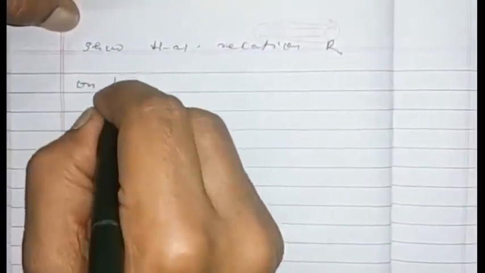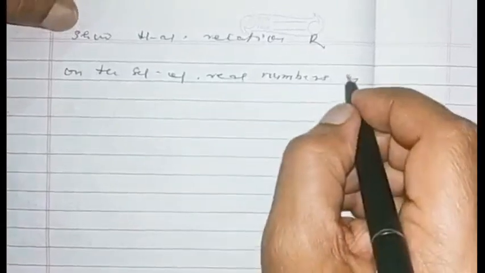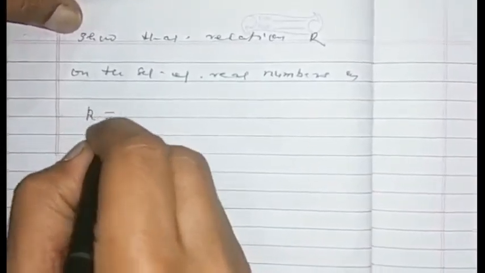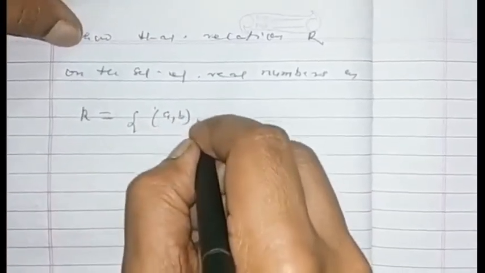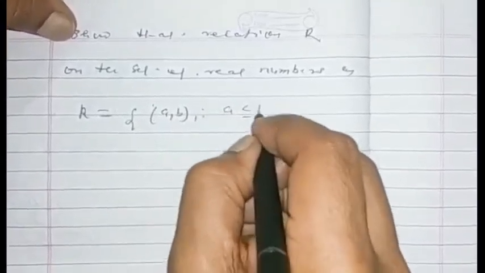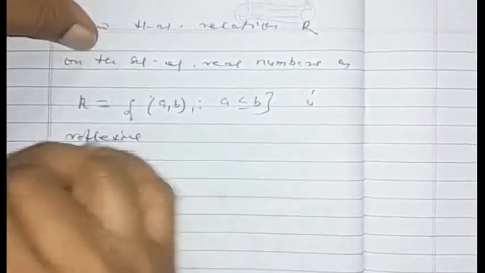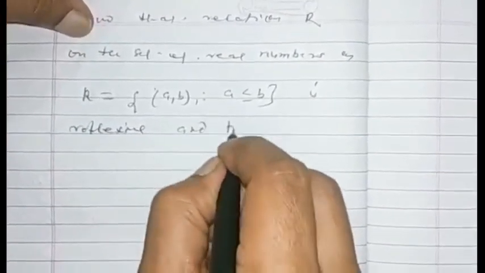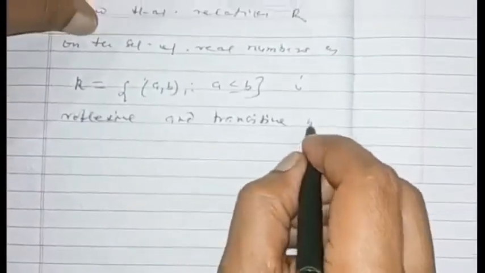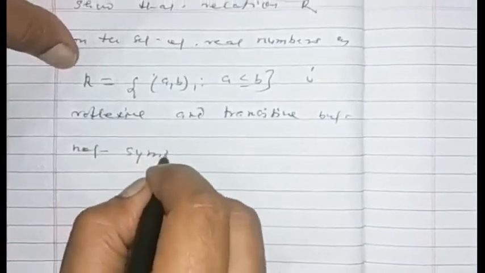Next we take another example: the relation R on the set of real numbers as R equals the set of all ordered pairs (a,b) such that a ≤ b is reflexive and transitive, but not symmetric.